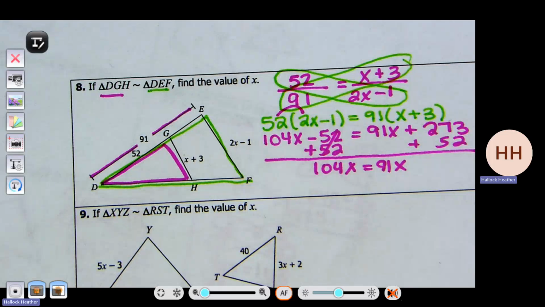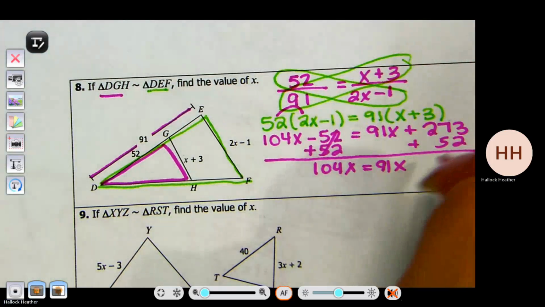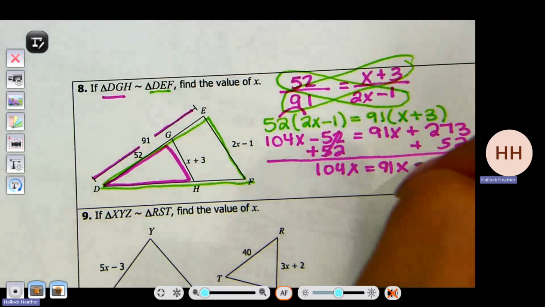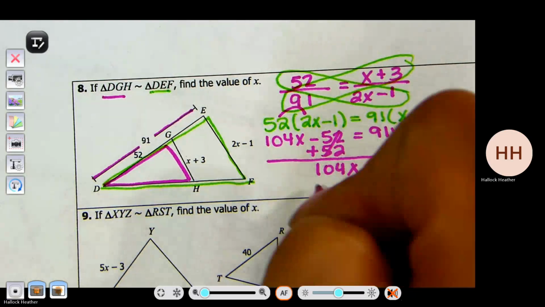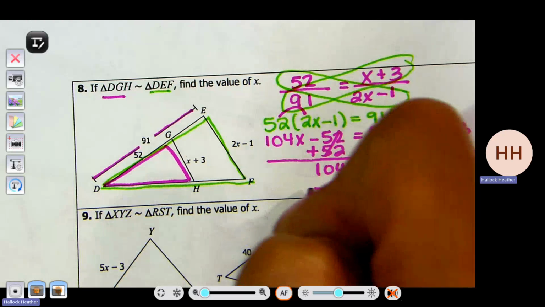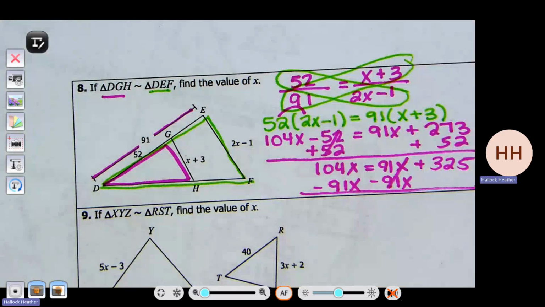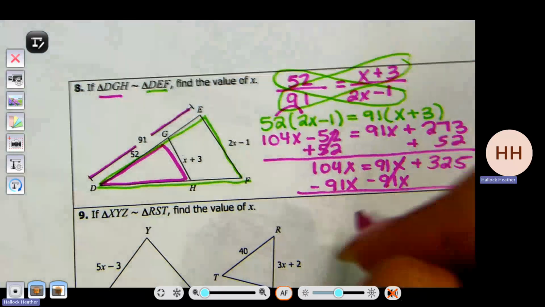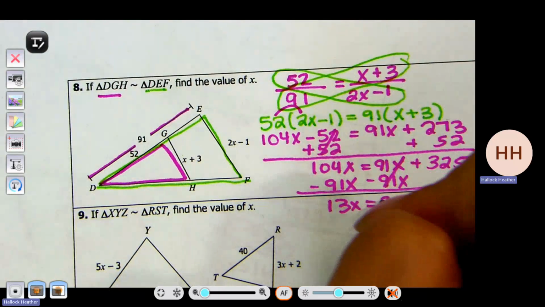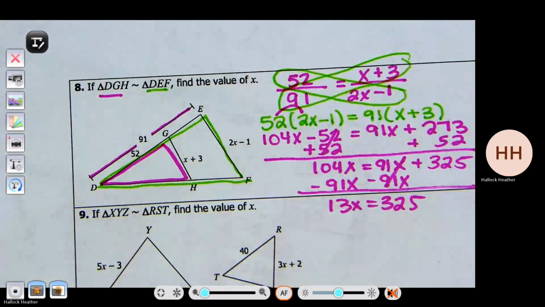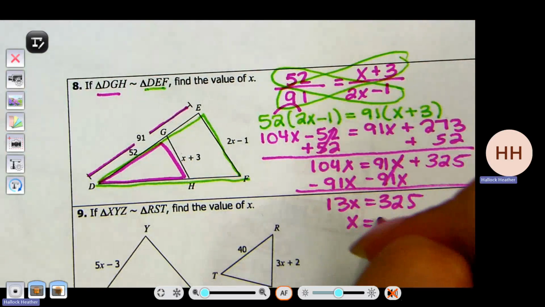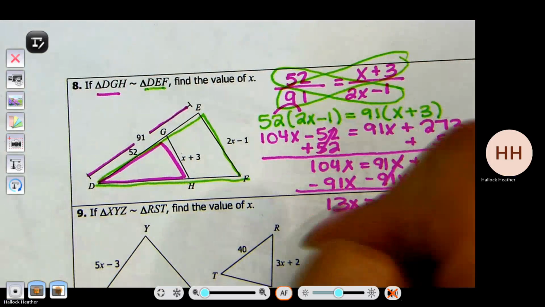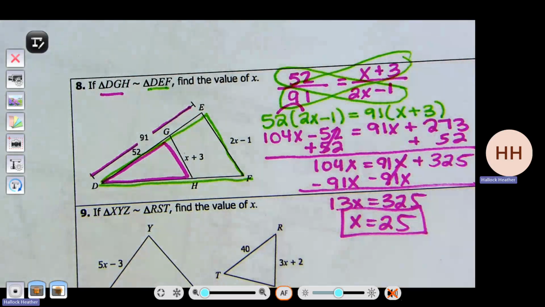Is it 25? Yep, that's correct. That is correct. You go 11 and skip 10. 104 minus 97. X equals 25. Okay, bye. How do we feel?